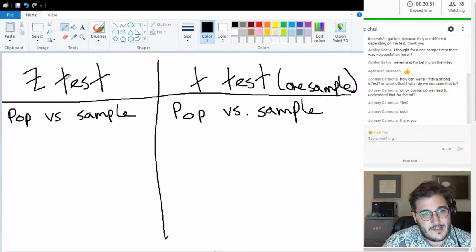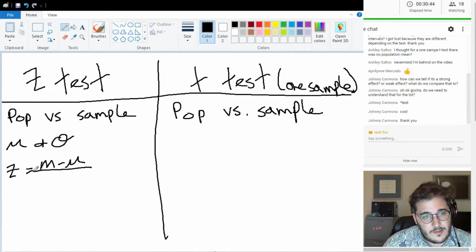So for doing a z-test, what you need is mu and sigma, because z, if you remember, is M minus mu divided by the true standard error of the mean. And the standard error of the mean is sigma divided by square root of n.